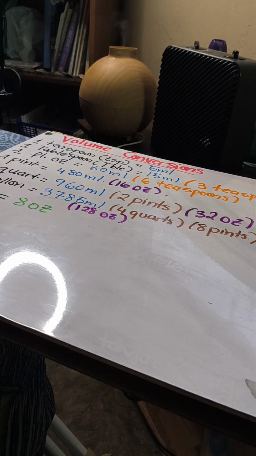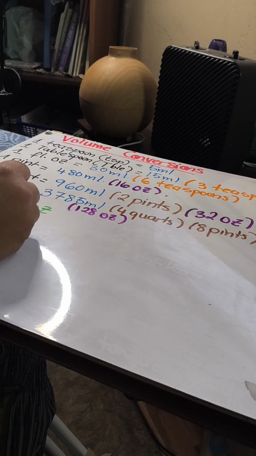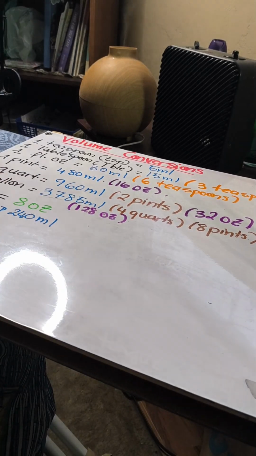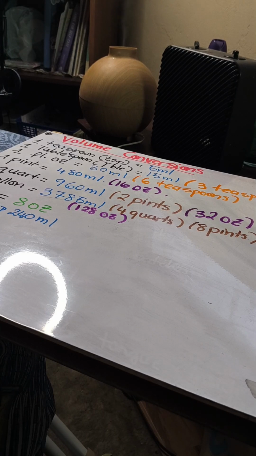Okay? If 1 cup is 8 ounces and 1 ounce is 30 milliliters, then 1 cup is 30 times 8, which is equal to 240 milliliters. 1 cup is equal to 240 milliliters.